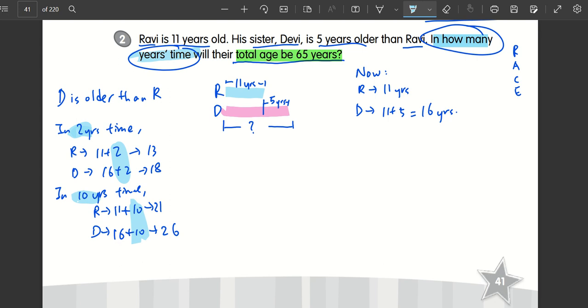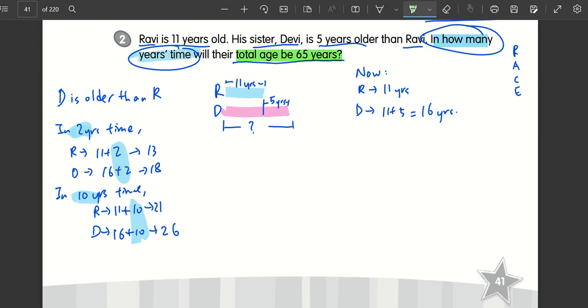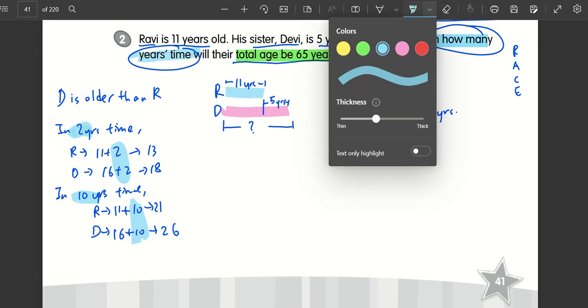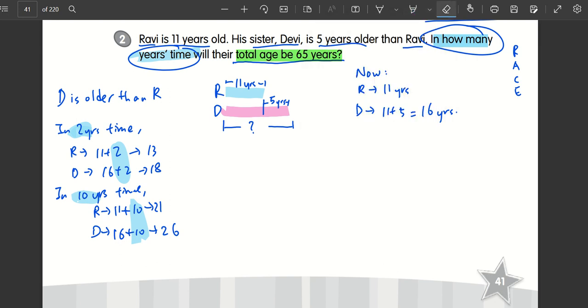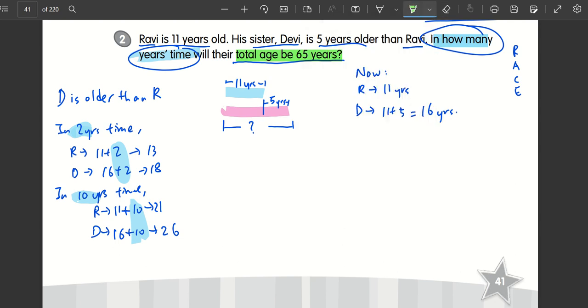So in other words, let me redraw this model. Given that this is Ravi and Devi, in some number of years, I don't know how many, this will be the same for Ravi and Devi. Now I add in this unknown length.